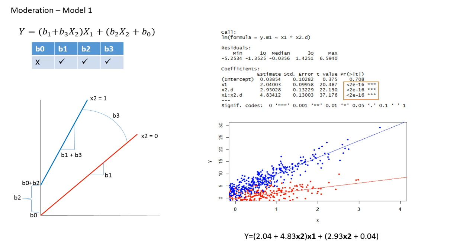But then, because B2 was significant, I expected a shift in the intercept when x2 equals 1. Also, since there is a significant interaction effect, B3, I expected to see a change in slope between when x2 equals 0 and when x2 equals 1.